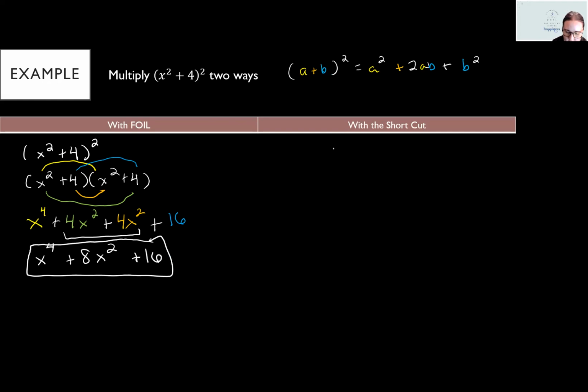Now, if we're doing the same thing with the shortcut, I'm going to use my color coding here. x squared is going to be the spot for A, which is in yellow. And 4 is going to be the spot for B, which is in blue.